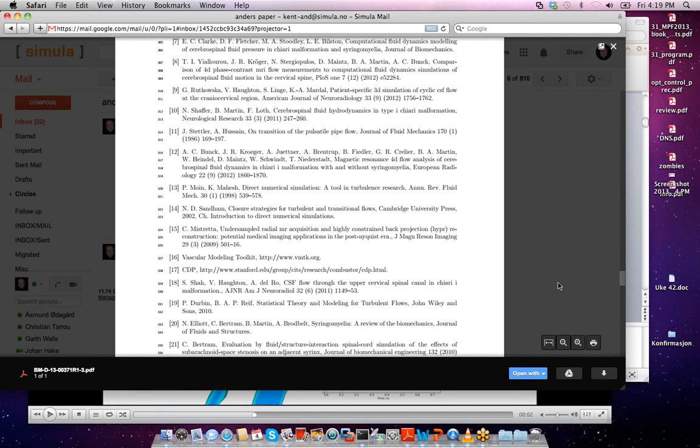Okay. I wanted to come back to a question from Georgie. He is saying, how do you reconcile the differences between your model and the measurement you made of the same Chiari patient? How do you compare them? So he's saying, how are these validated?